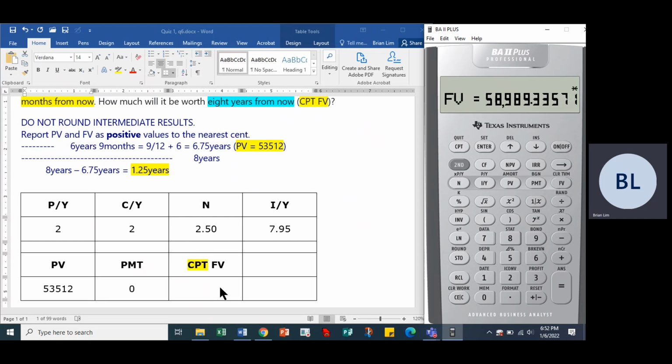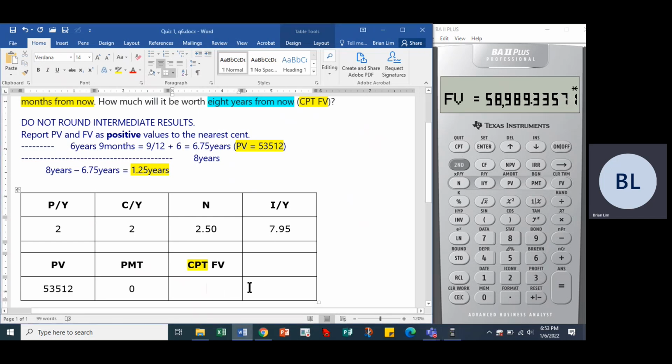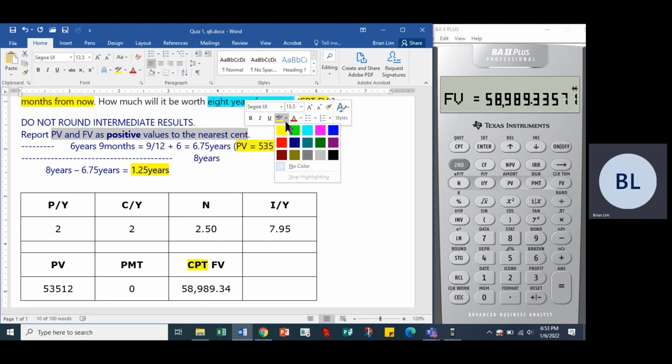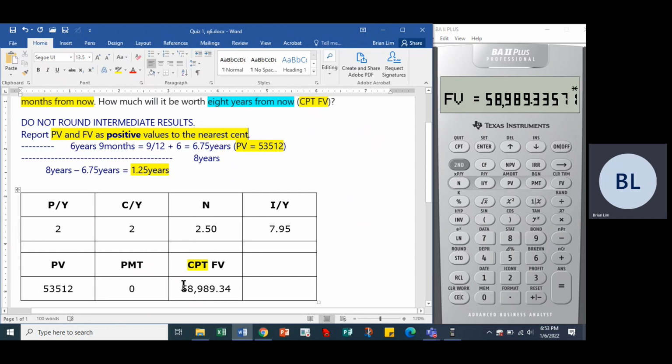The future value turns out to be 58989.34. We have to round to the nearest cent. The present value and future value must be positive, so we'll enter them as positive in here.